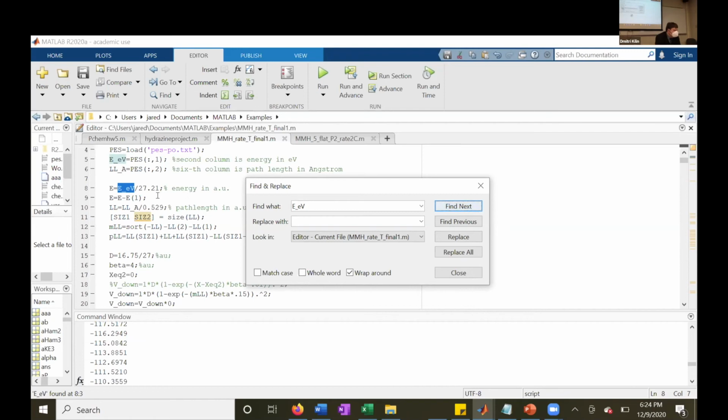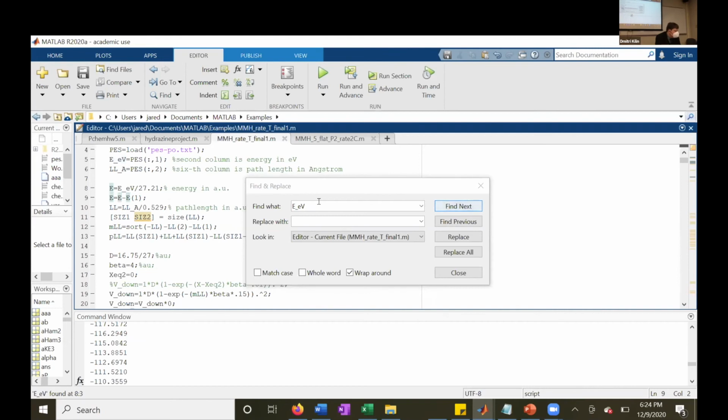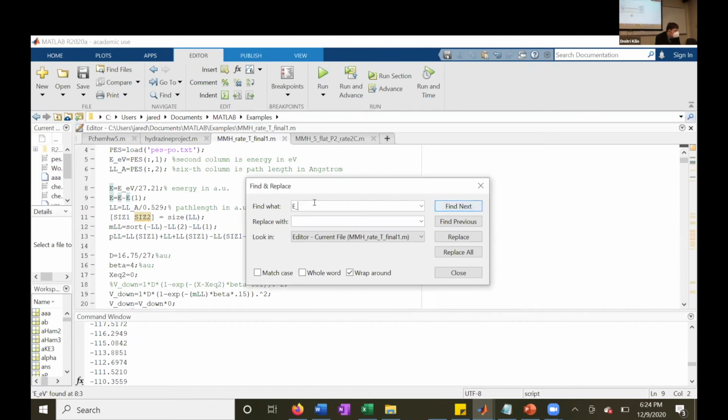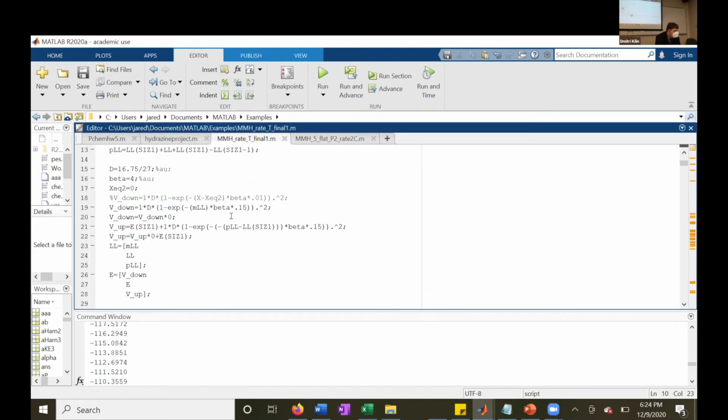Now let's find where E capital is used for anything next after this. Let's just keep going. Maybe just scroll, but not as quick.